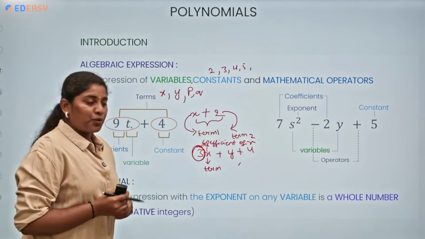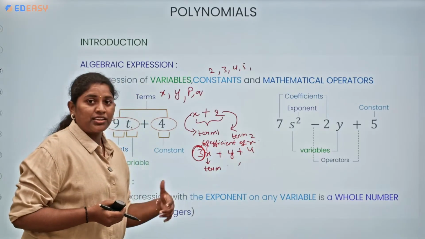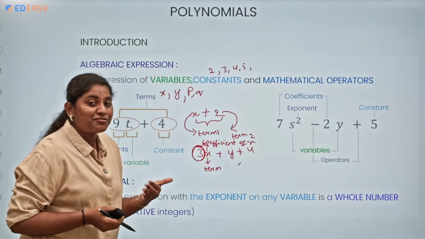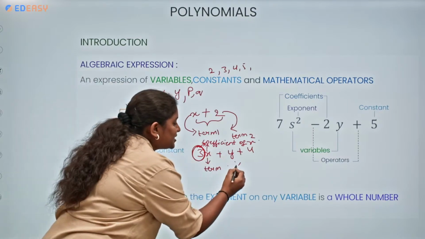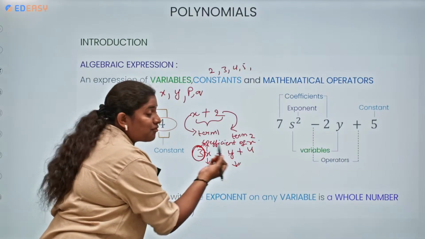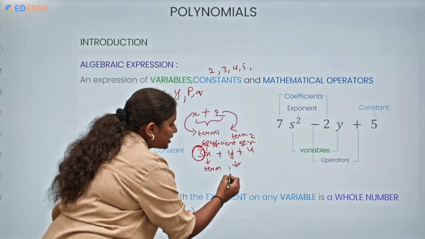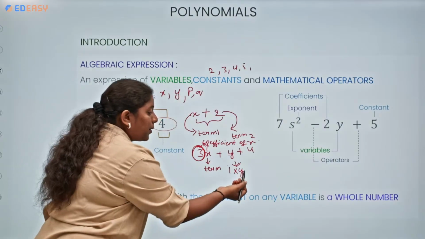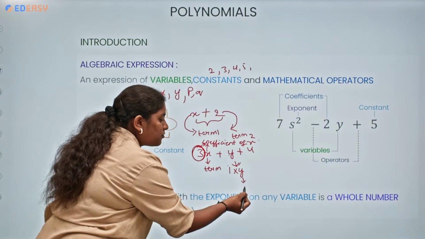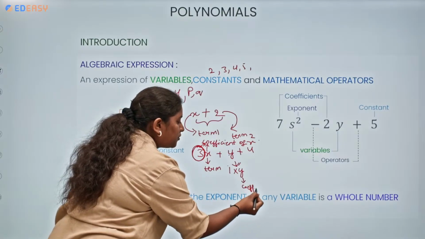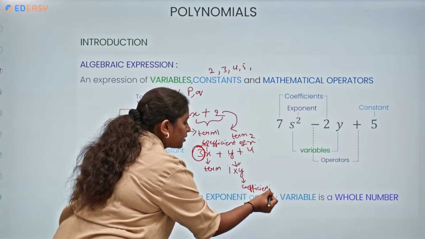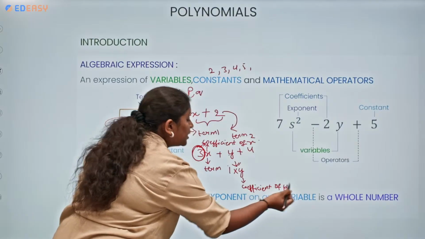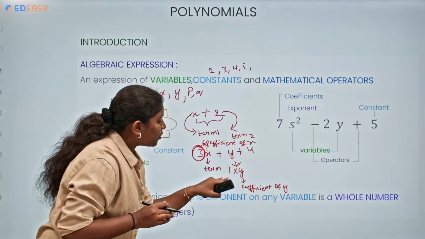Okay, now I have here y. Then how can we identify the coefficient for that term? Y can be written as 1 into y, right? So if I need the coefficient of y, ignore the y term and what are we left with?